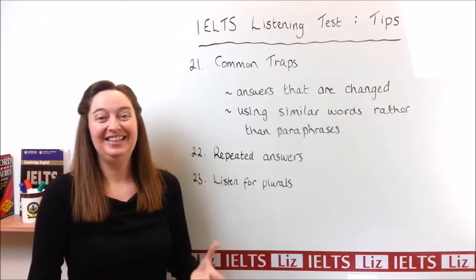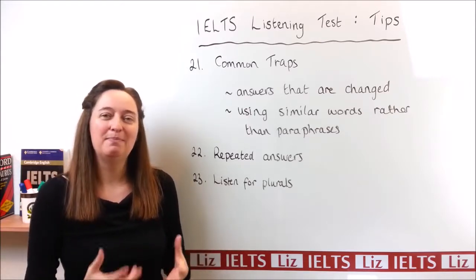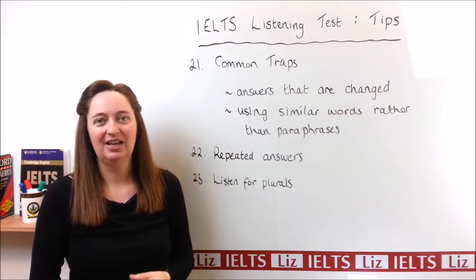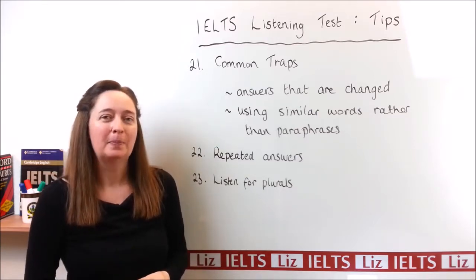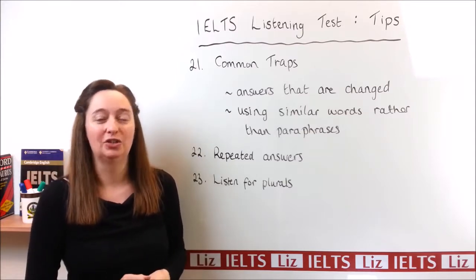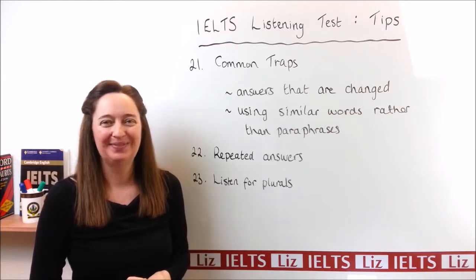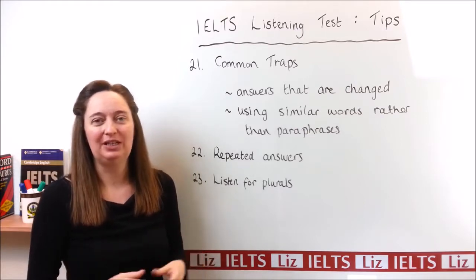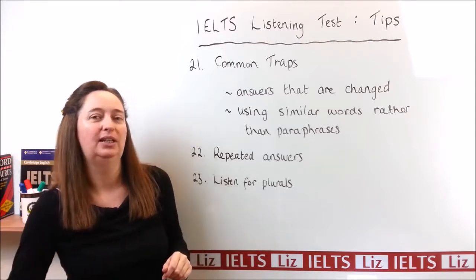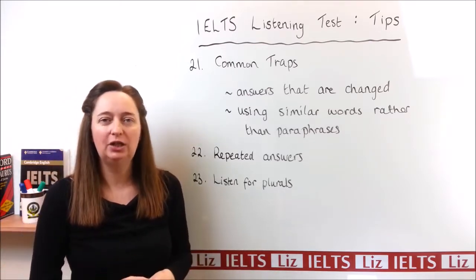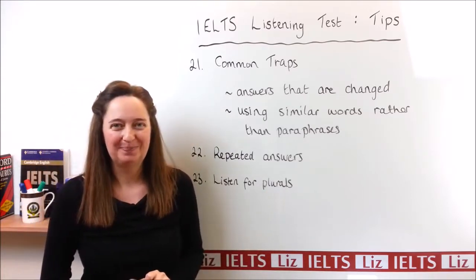Now, IELTS is a listening test, and they know that many foreign language speakers struggle to hear plurals. So you need to pay attention. Does that word have an S on the end or not? Now, if you have a sentence completion, sometimes you can see in the grammar that you need a plural answer. So just take a look, but keep your ears open for those plurals.